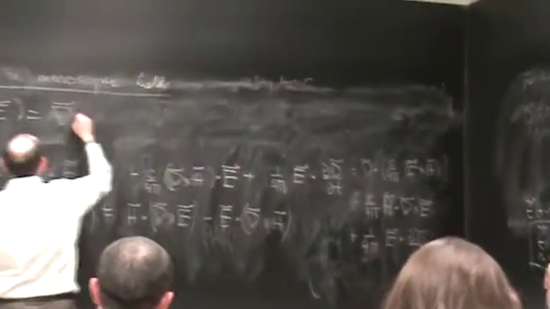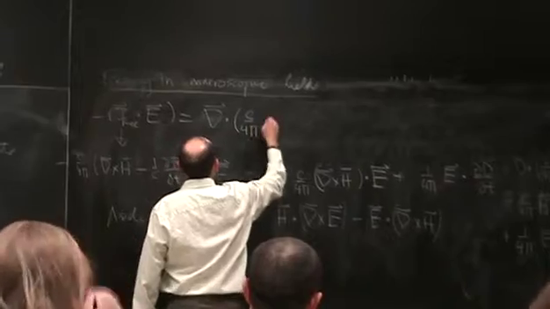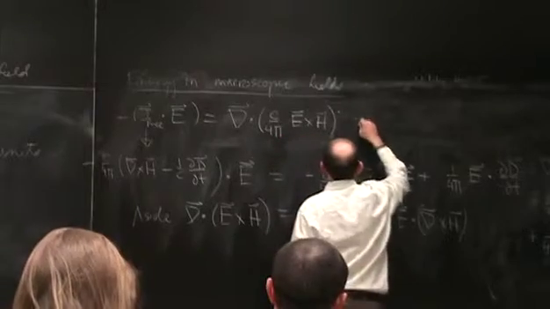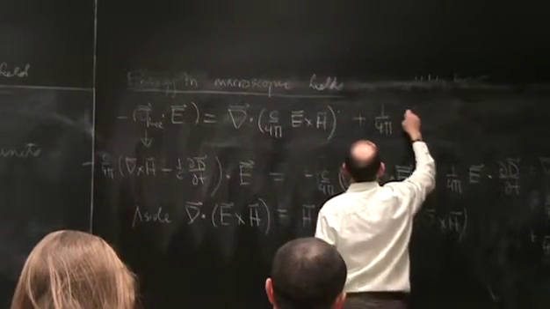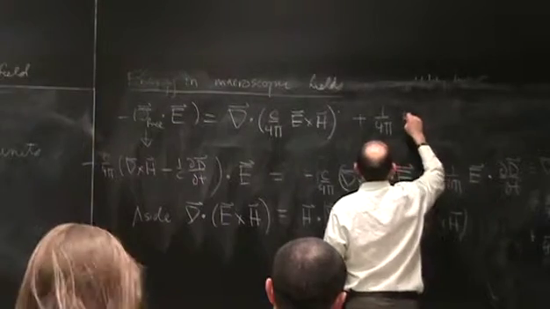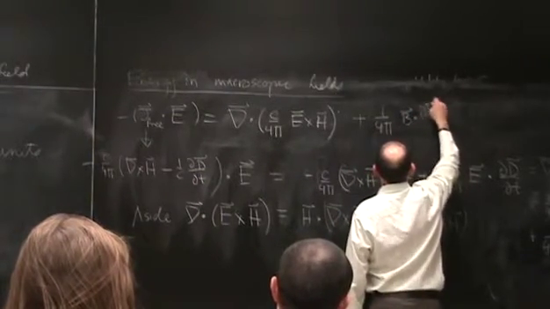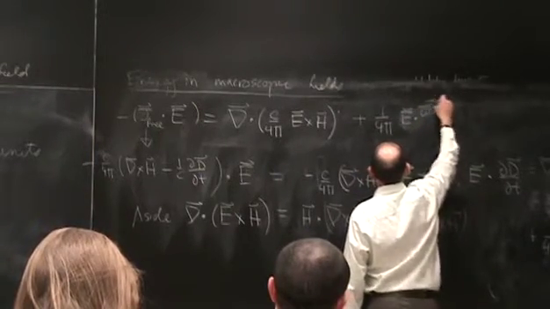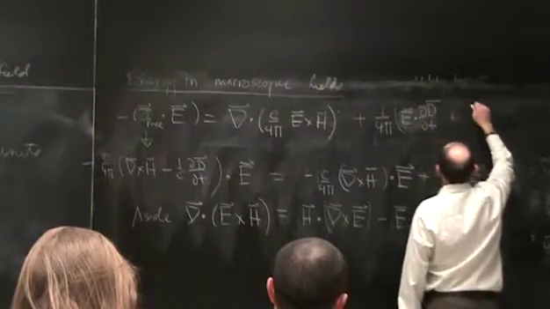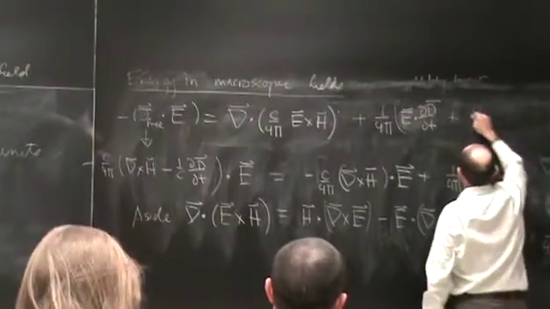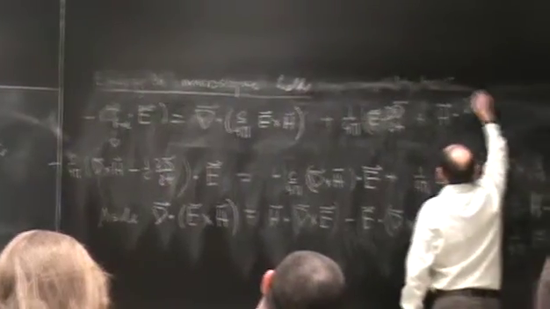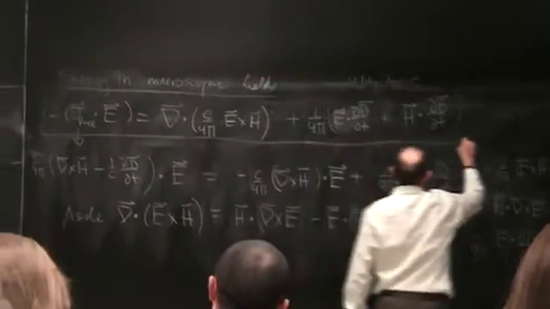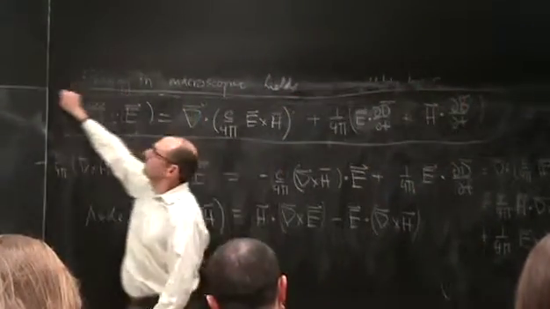And so the rate of creation of energy is the divergence of C over 4 pi E cross H plus 1 over 4 pi E dotted into dD dt plus H dotted into dB dt. And this is Poynting's theorem in macroscopic Maxwell equations.